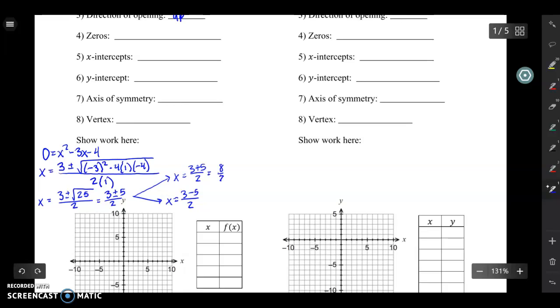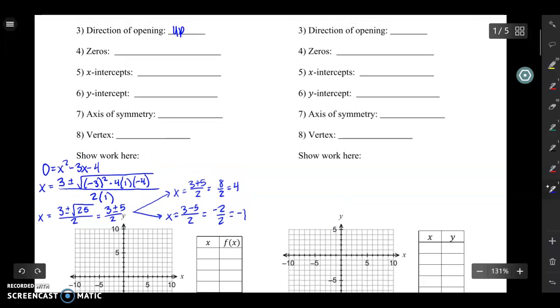So I get 8 over 2, which is equal to 4, then -2 over 2, which is equal to -1. So my two zeros are x equals 4 and x equals -1. Since both of these numbers are real, these are both going to be x-intercepts. So I'm going to have an x-intercept at 4, 0 and at -1, 0.